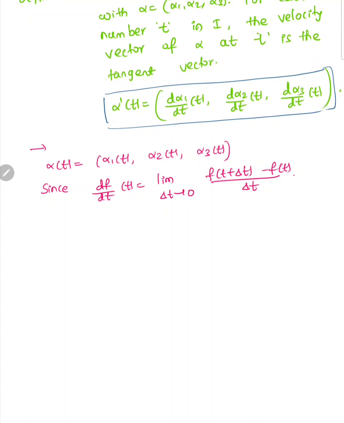We can apply this formula to the coordinates of alpha by varying t to t plus delta t. For each coordinate we have to apply the same thing, meaning the difference between the function value at the t plus delta tth instant and the tth instant. So we get alpha of t plus delta t minus alpha of t divided by delta t.